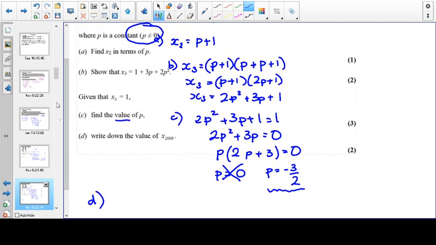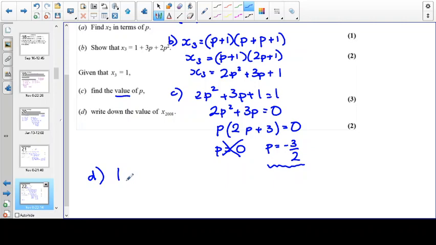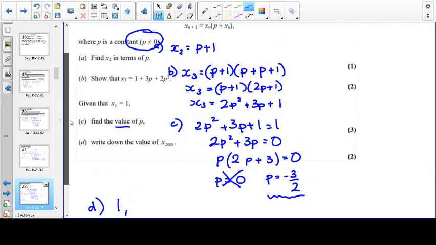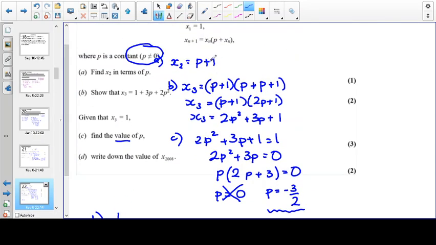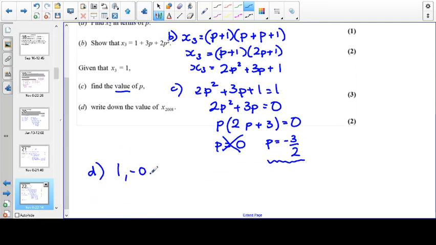So the sequence, well, the first term is 1. And then the second term is p plus 1. You've just worked out what p is. Well, p is minus 1.5, so minus 1.5 plus 1 is minus 0.5.